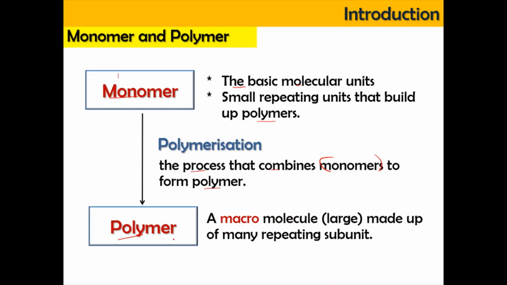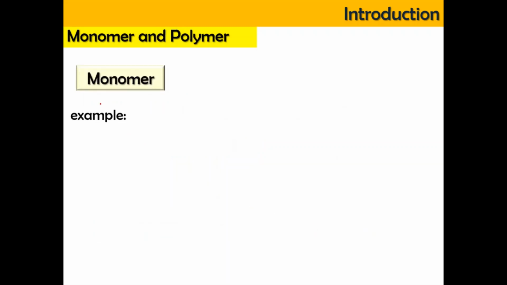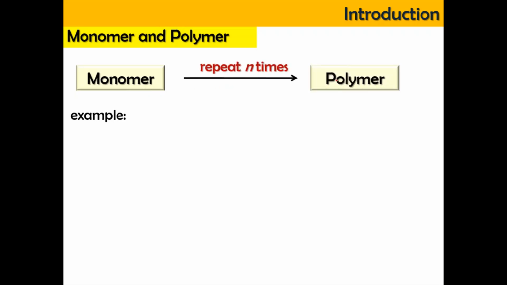A polymer is a macromolecule that is large and made up of many repeating subunits. As mentioned, a monomer can be repeated many times to produce a polymer. In this case, our n needs to be greater than 30. Jadi bilangan monomer yang perlu melebihi 30 in order to transform the monomer into polymer.